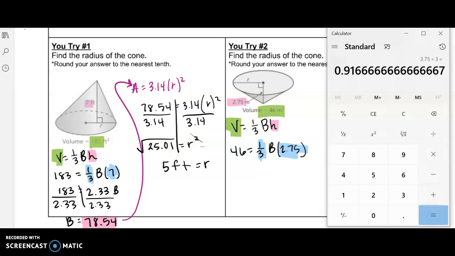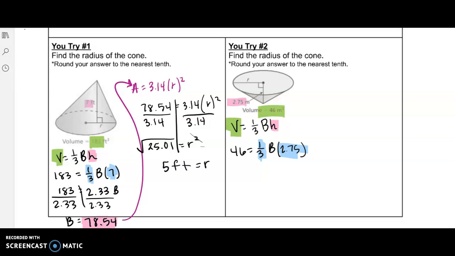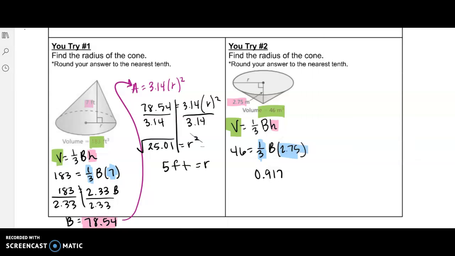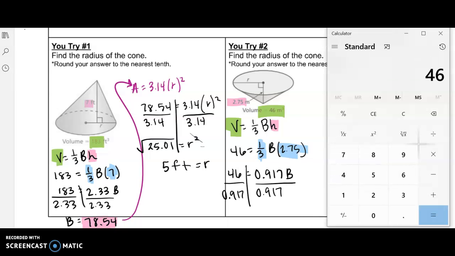Oh, that's a fun number. So that's about 0.917 equals 46. And then times the area of our base. Divide by that. So 46 divided by 0.917 equals about 50.16.